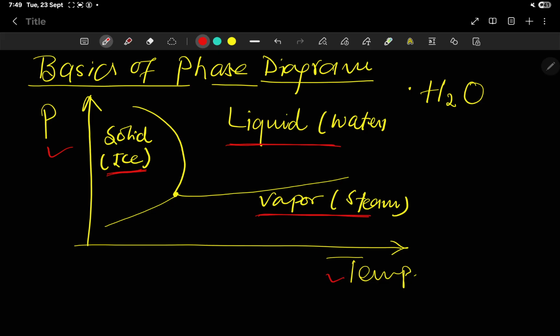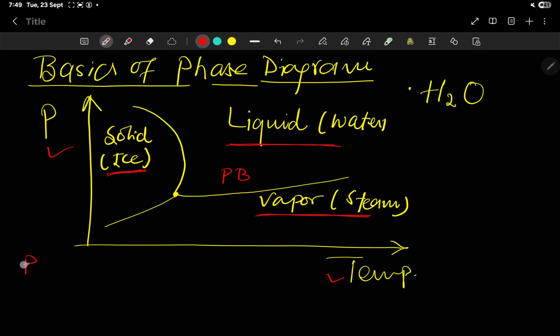So from this phase diagram for water, you can see how we have three different phases.